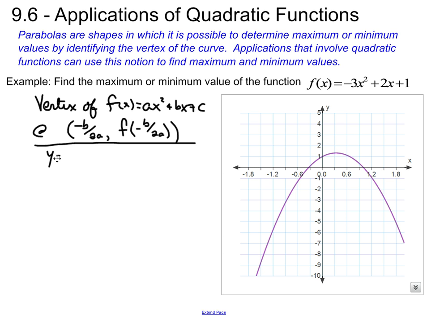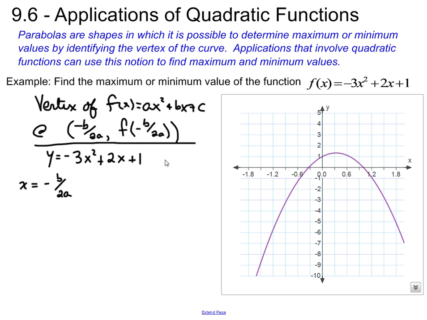Y is equal to negative 3 times x squared plus 2x plus 1. And if we use our formula, the x-coordinate of our vertex will be at the negative of b over 2a.